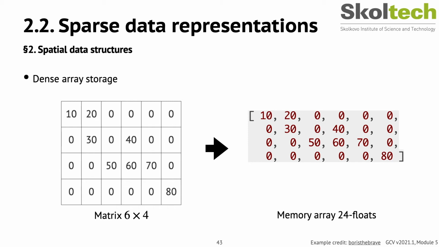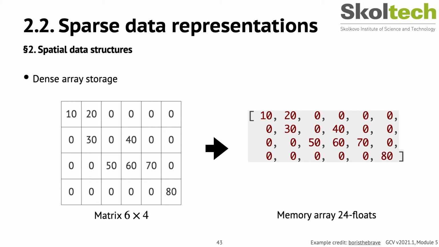So what are the possible sparse data representations? Let us look at a number of them. First up is just using a normal array. If we have a 6x4 matrix with a large number of zeros inside it, so the matrix is effectively sparse, what we can do, a no-brainer, is store every value, even the zeros, consecutively in memory in a fixed order.